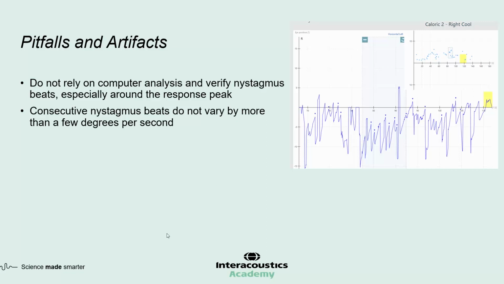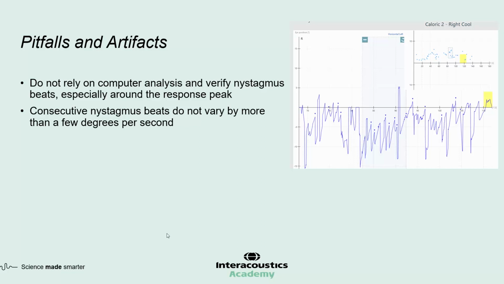There are occasionally nystagmus beats that are either missed or things that are identified as nystagmus beats that are not. So you have to go, especially around the areas where those numbers are important, those 3 areas that I mentioned to you. You have to make sure that the nystagmus beats are cleaned up and they actually represent the slow phase velocities.